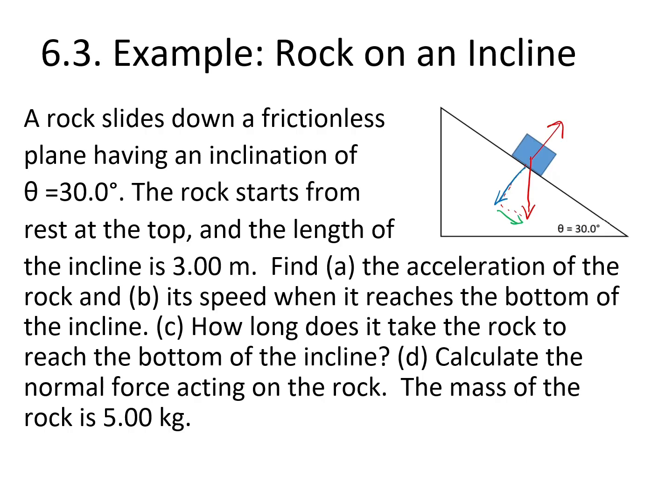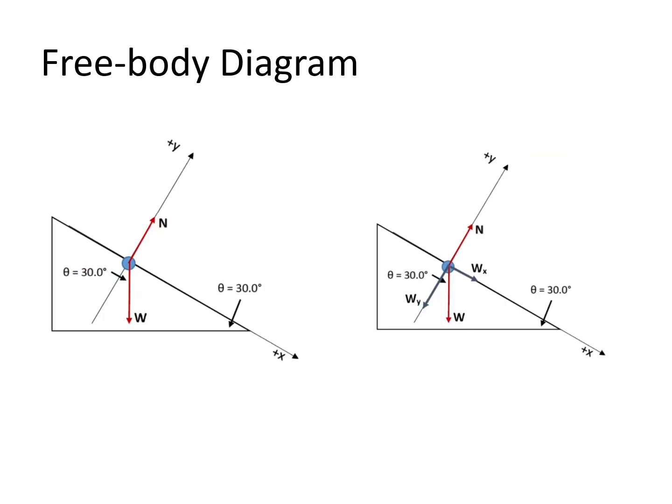Gravity is vertical, but the motion is along the incline, so we choose axes that match the motion. When we do a problem, we first define a coordinate system. So in this case, we define our positive x axis along the inclined plane, and the positive y axis perpendicular to that.